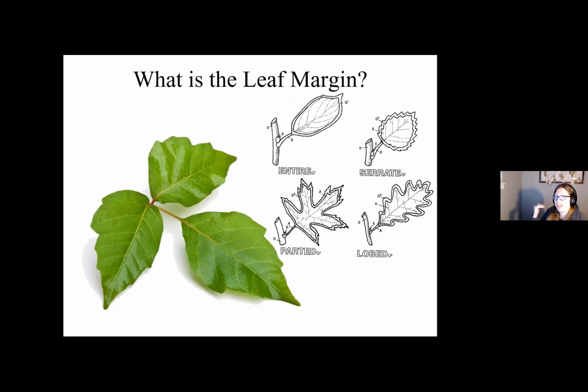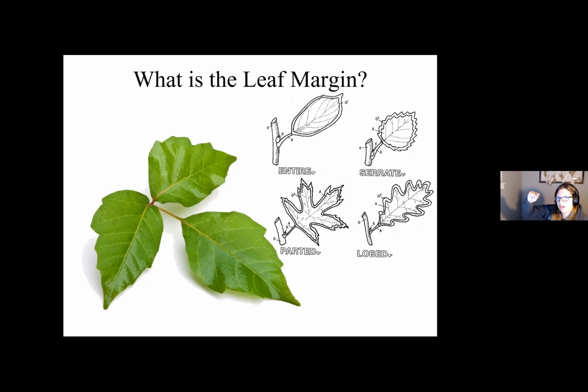This is just the outer edge of the leaf, and we look at it to describe its pattern. Entire is when it's smooth. Serrate is if it's toothed, kind of like a saw blade. Lobed is if it's toothed or divided, but less than halfway to the midrib, but more so than just a saw blade.